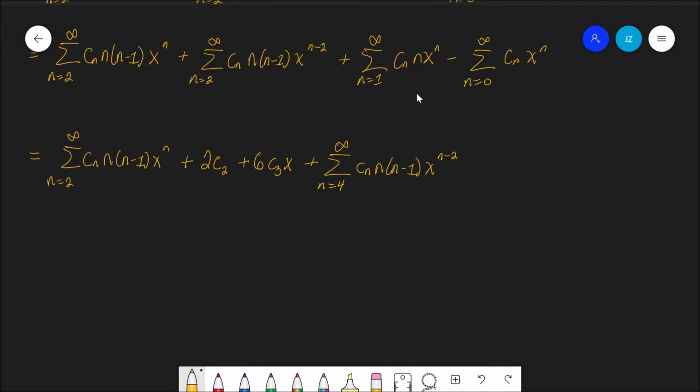We now need to pull out the n equals 1 term from here. So that'll give us plus c1x. And then plus the summation now starting at 2.